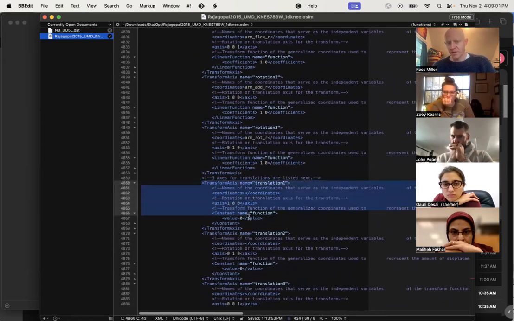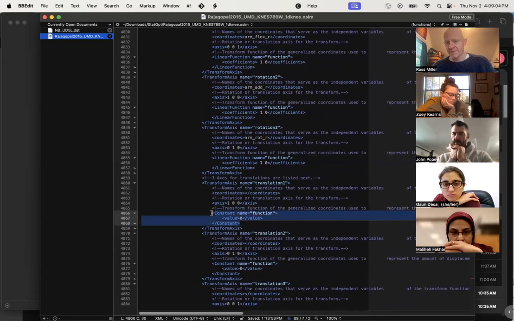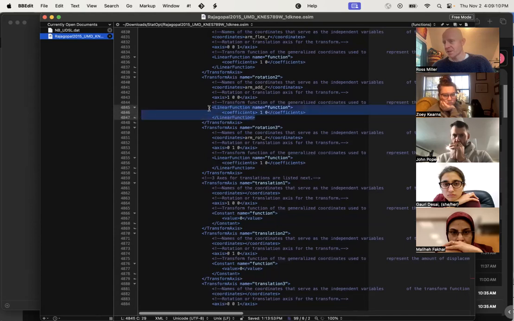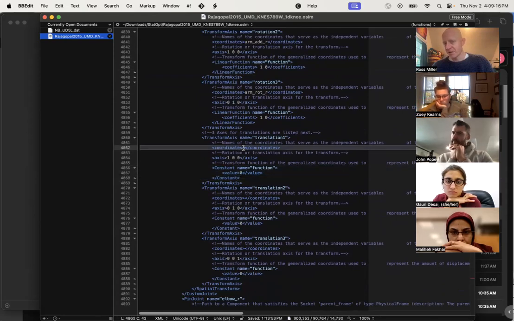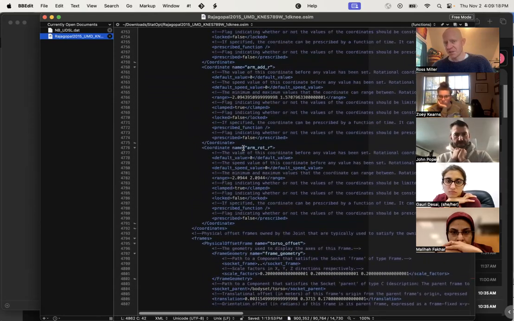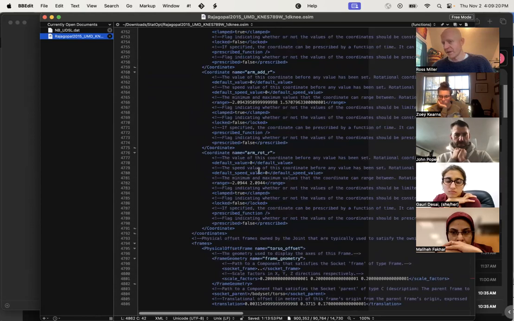Under these 3 translations, they don't have any function defined there. So you need to define probably these linear functions up here for the rotations, also define them down here for the translations, and then link those translations to those 3 new coordinates that you define up there.